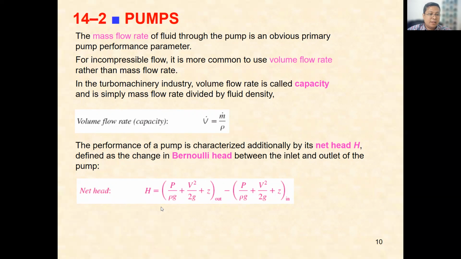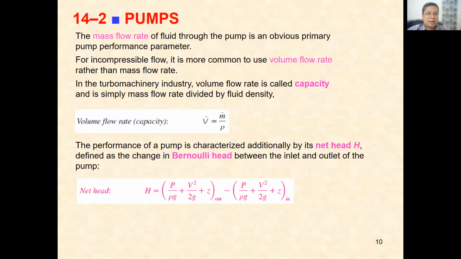Okay, we also already introduced the Bernoulli formula, which involves pressure energy, kinetic energy, and also potential energy. So we can assess them together in one Bernoulli formula.